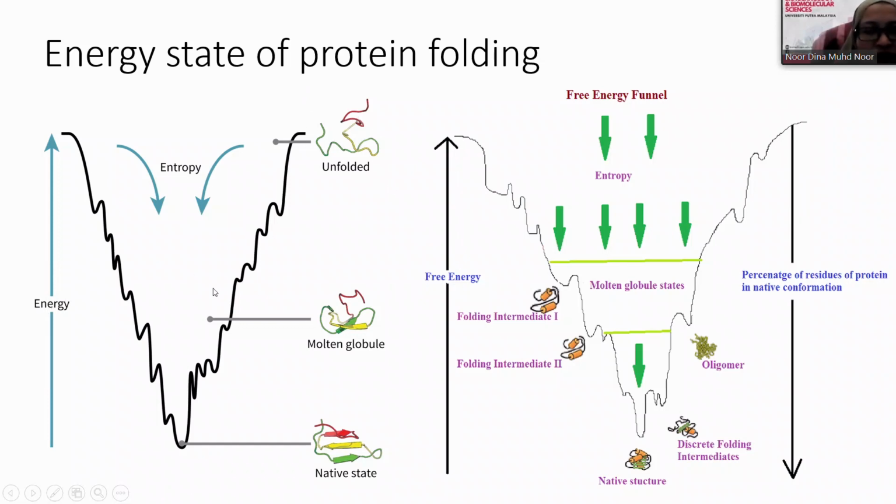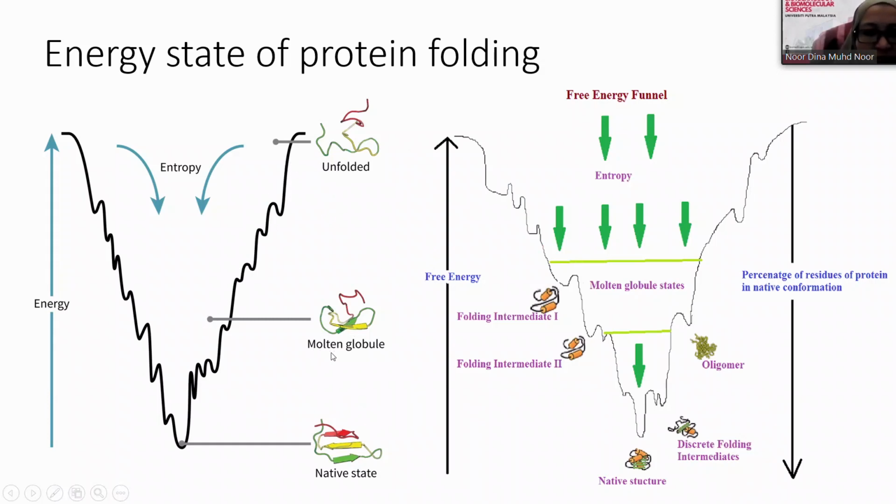Let's take a look at the left side first. If we have a certain protein that is unfolded, this protein has very high energy, high entropy. If this unfolded protein goes down over here, perhaps because a chaperone helps the protein to fold, then the energy becomes lower.